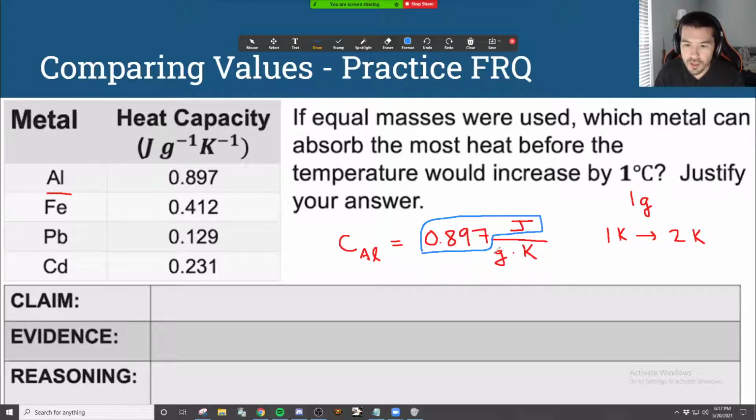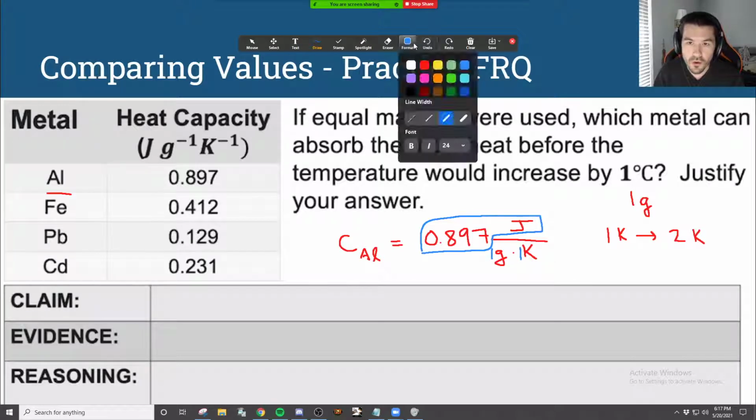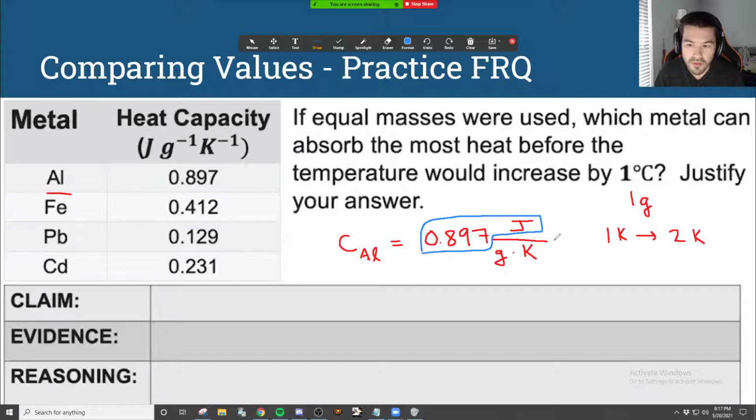You can substitute 1 and 1 for the values here, or you can think of it this way: multiply this heat capacity times 1 gram and times 1 Kelvin. Grams and Kelvin cancel. That's what this heat capacity is. It's the amount of energy required to heat up 1 gram of that substance by 1 Kelvin, or by 1 degree Celsius.